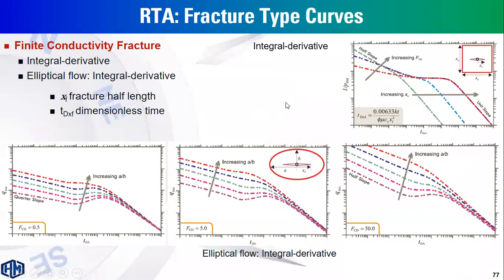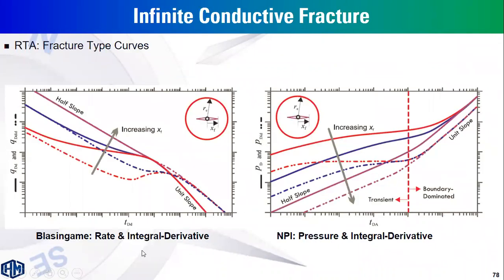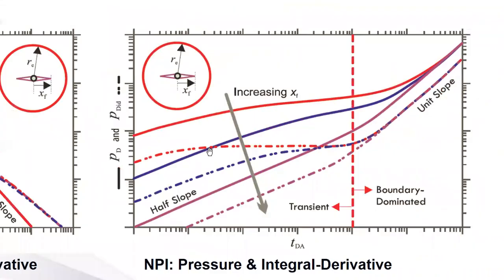This is the effect of the dimensionless fracture conductivity on the model response, but with the same feature: we have half slope in case of linear flow, and quarter slope in case of bilinear flow.